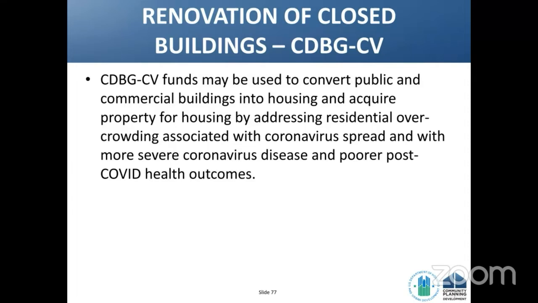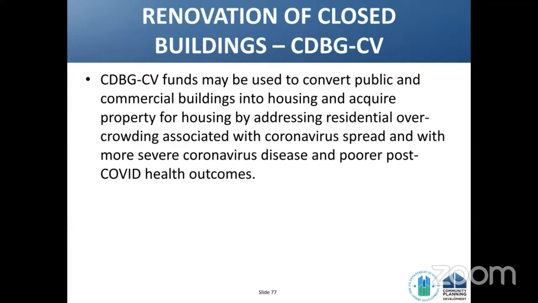So if you're going to do it with CV, it's allowable with CV, but you have to be able to tie it back by showing how you're addressing residential overcrowding. And so new affordable housing is needed, and you have an old building that can be converted.